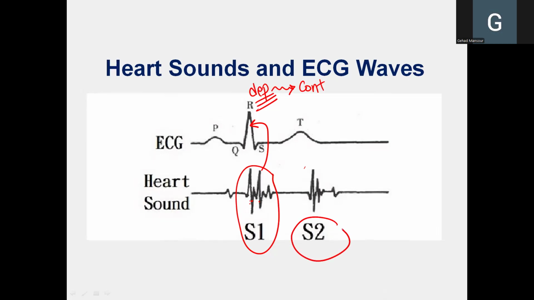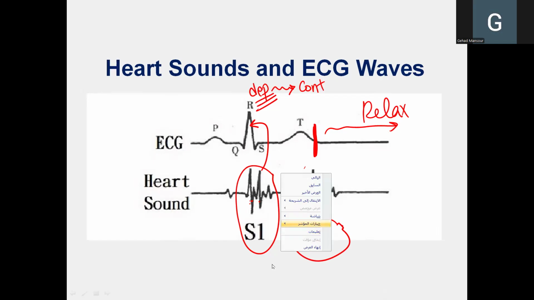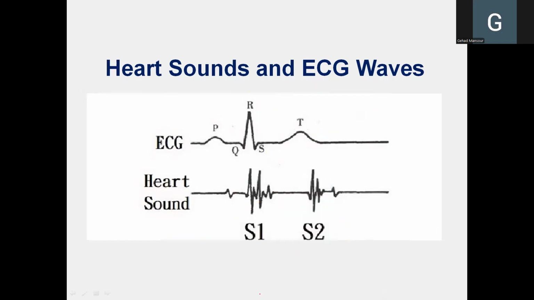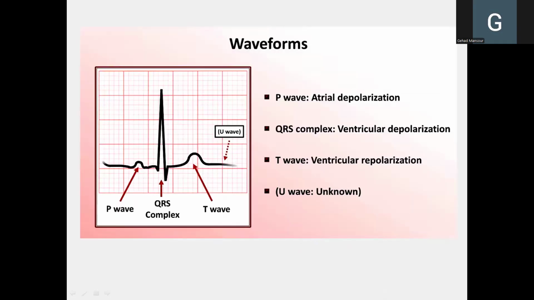And then S2, which is the closure of the semilunar valves, occurs at the beginning of ventricular relaxation. And that's why we see it here after the ventricles repolarize and start their relaxation. So this is how you can align the heart sounds that you hear with the stethoscope together with the ECG. But this is an advanced piece of information that I would never ask about.